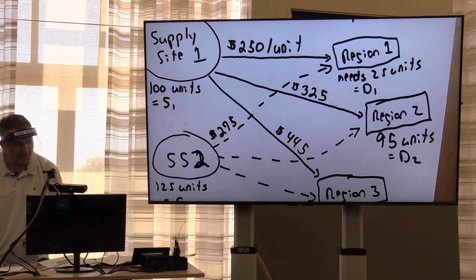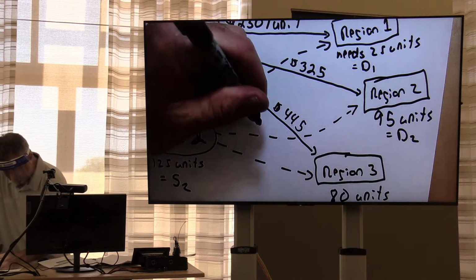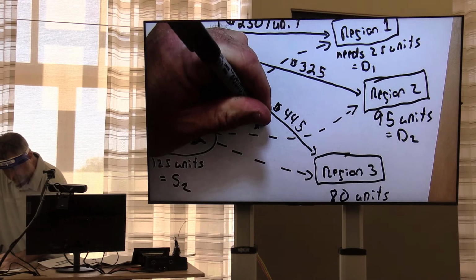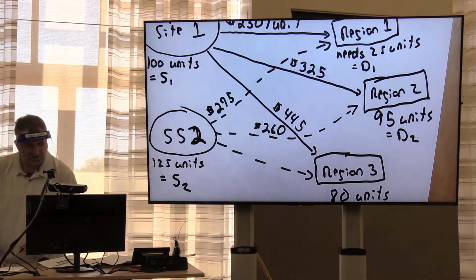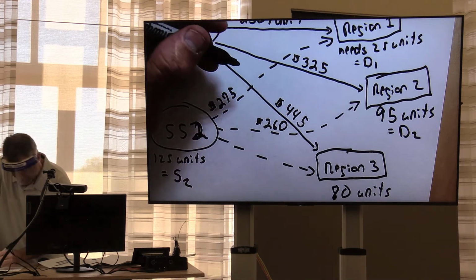And the cost of taking a unit from supply site 2 to region 1 is $275. From supply site 2 to region 2 is $260. From supply site 2 to region 3 is $460.